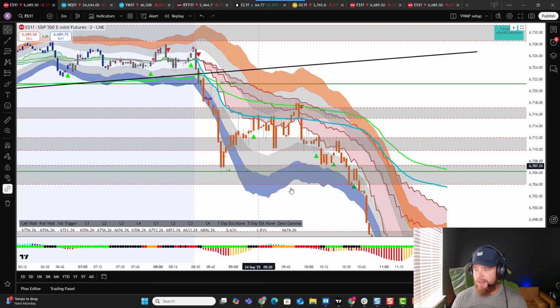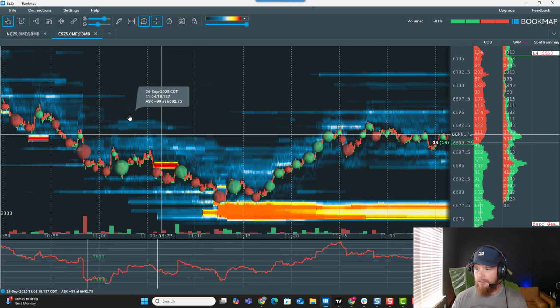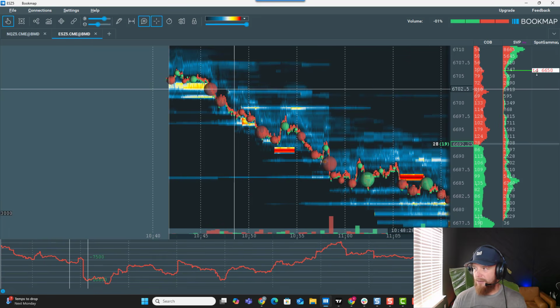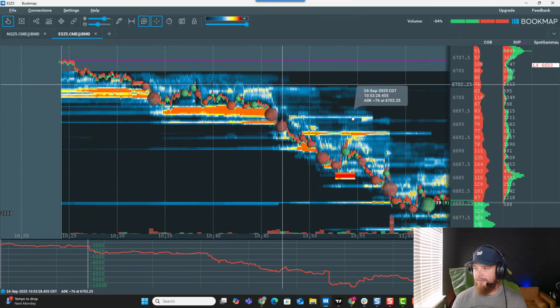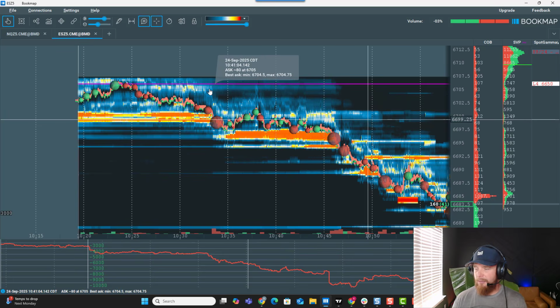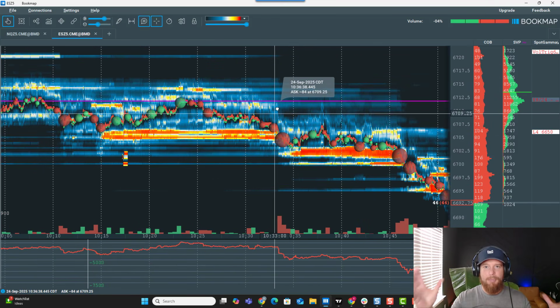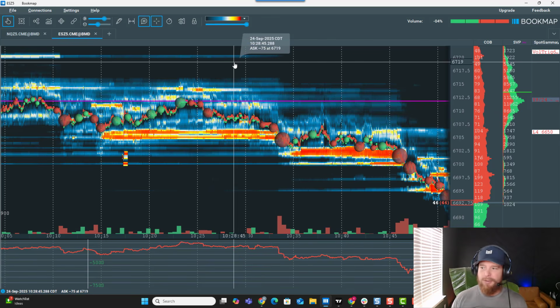It's very unique whenever you look at Bookmap. Right here, you see it says L4. That means it's the fourth largest gamma, or I guess I would say the fourth smallest one, because if it was L1, that's the biggest one. L4 means it's the fourth largest one.